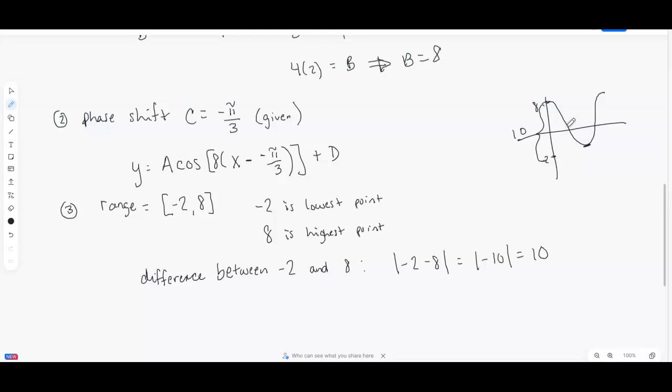Okay, so remember amplitude, we kind of cut our graph in half. So we have our midline, and if the difference from your highest point to your lowest point is 10, the difference from your midline to your highest point, or your midline to your lowest point, is half of that, right? So your A equals 5. It's your difference divided by 2.